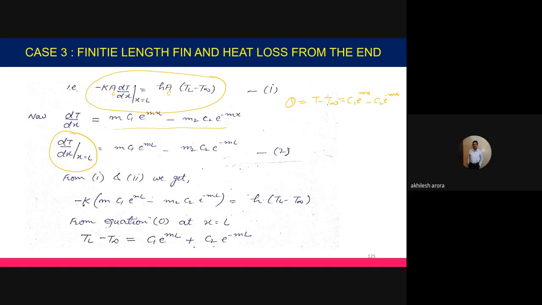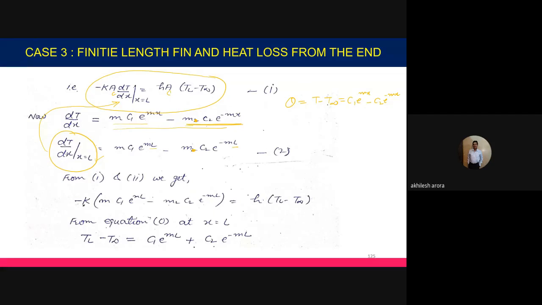Why are we calculating this value? Because we want to keep it here, dT by dx at x is equal to L. So this is m C1 e raised to power mx minus, not m2, it's only m C2 e raised to power minus mx. This is the differentiation, and then at x is equal to L we have replaced x by L, and it is not m2, it is only m.